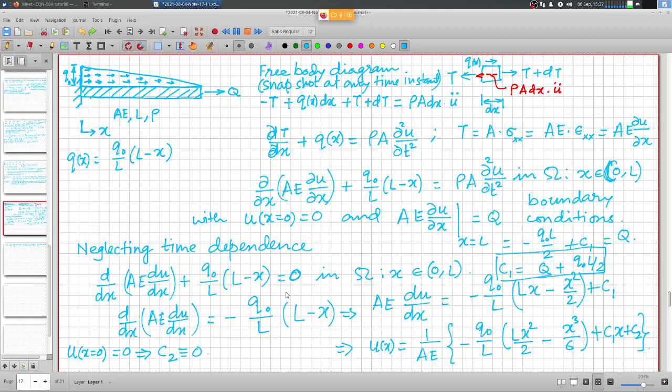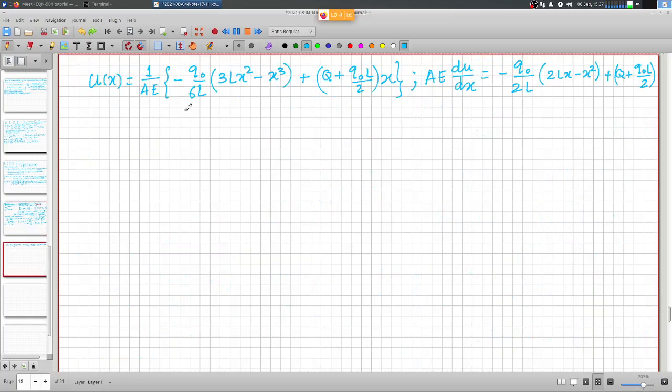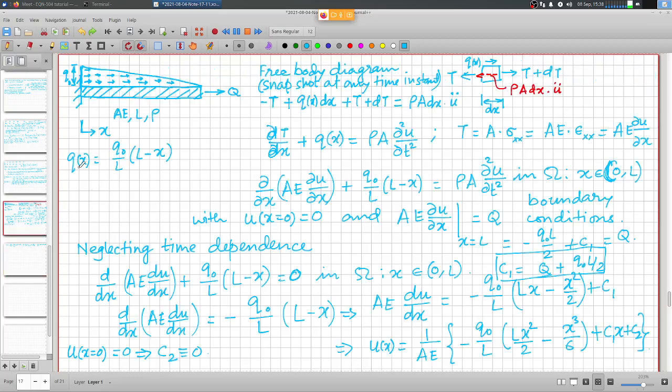So the true solution in this particular case is a cubic displacement variation, and the secondary variable varies as a quadratic, second degree curve. You should appreciate that this variation is entirely triggered by the variation of q.